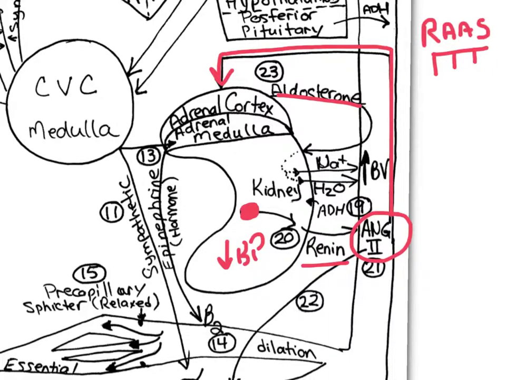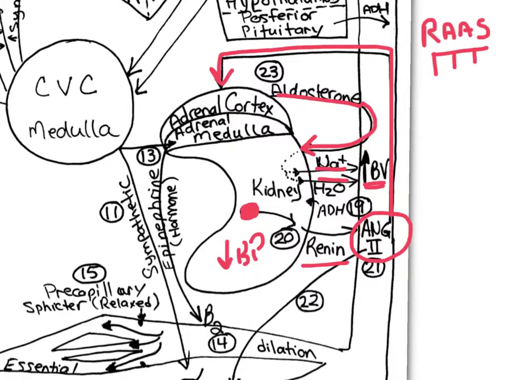So renin, angiotensin II, aldosterone. Aldosterone then goes to the kidneys and increases the reabsorption of sodium, and thus the reabsorption of water, and as previously discussed, that is going to increase blood volume.